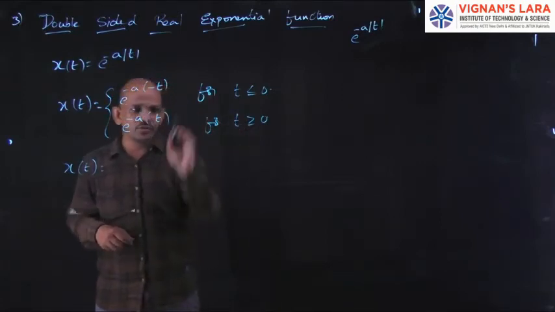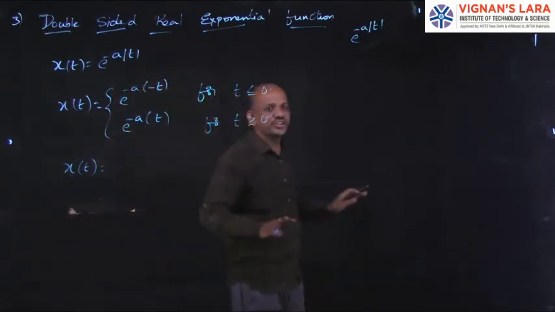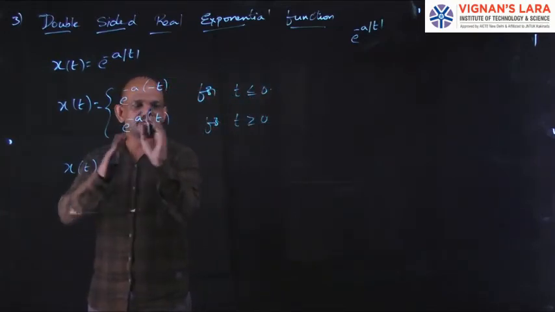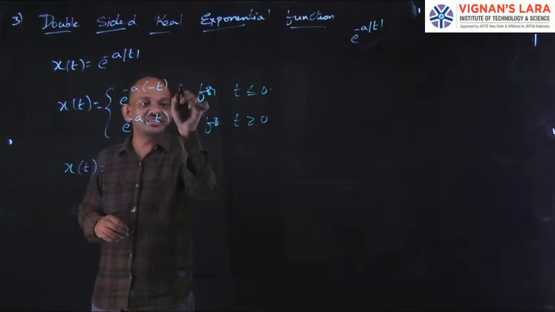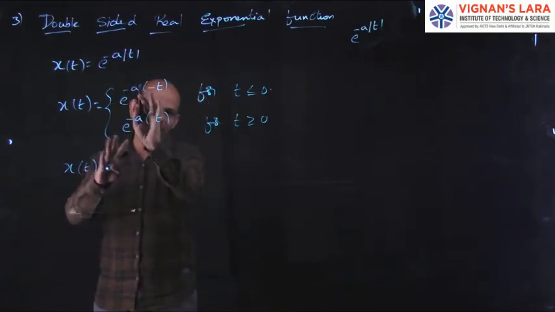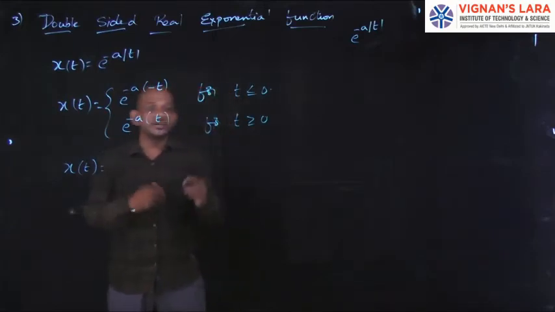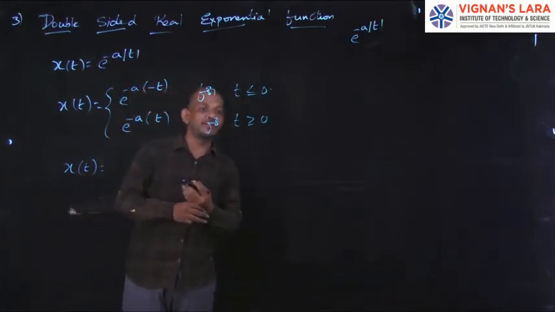Instead of this I can write u of t. Then there will be no change, because u of t for this range is 1, and 1 into this one is this one. And in this range u of minus t is 1, and 1 into this one is that value. So there will be no change. So I can combine both using unit step functions like this.